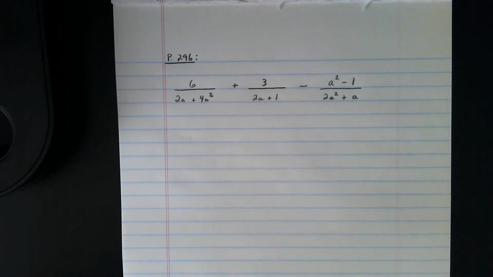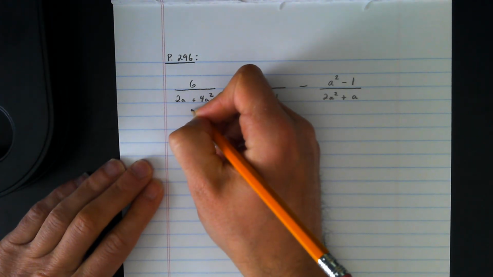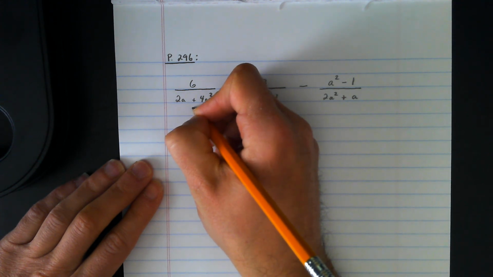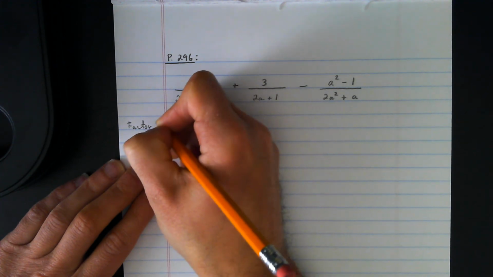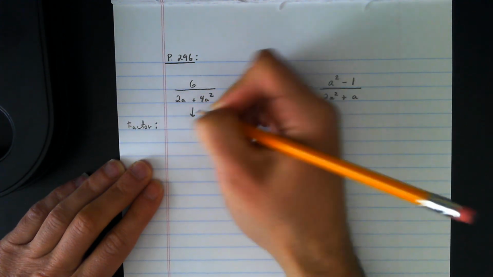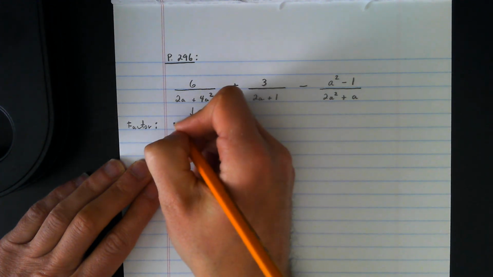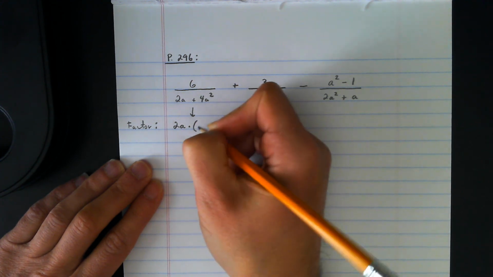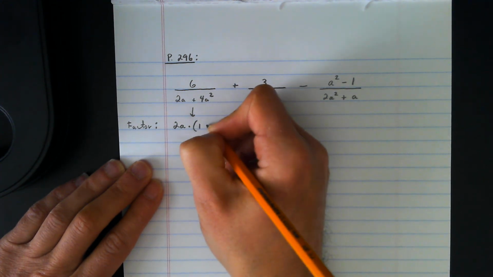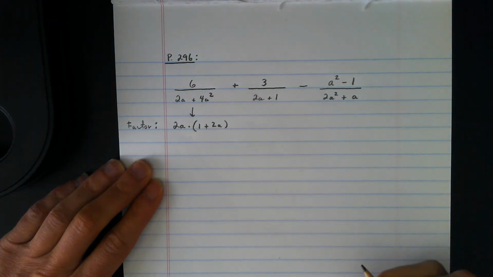Okay, so the first thing we need to do here is just factor all the denominators. Okay, so this one's pretty straightforward. So what do I get for this one? Well, here I've got a GCF of 2a, so I'm just going to factor that out. And this leaves me with 1 plus 2a.